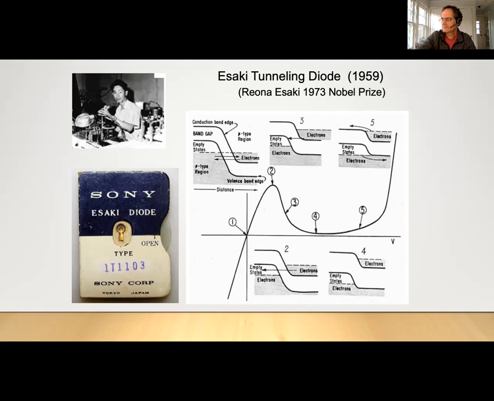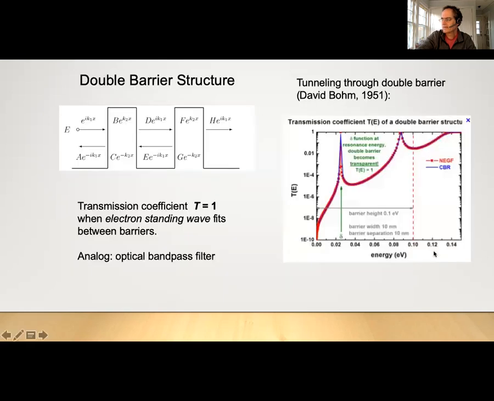Now, even more beautiful and elegant is this double barrier structure. Okay? In the double barrier structure, there's a point where the tunneling probability can go to 1, and it's very sharply defined.